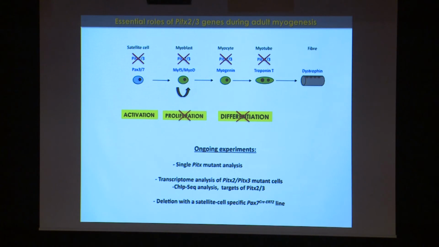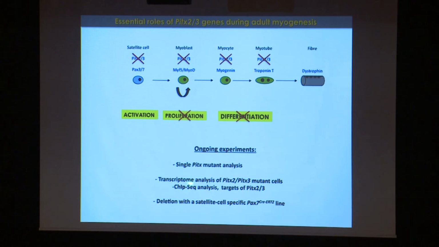So obviously we are digging more in this direction to be able to provide a more comprehensive view of the function of PITX genes in relation to the PAX and Myod genes in the satellite cells.